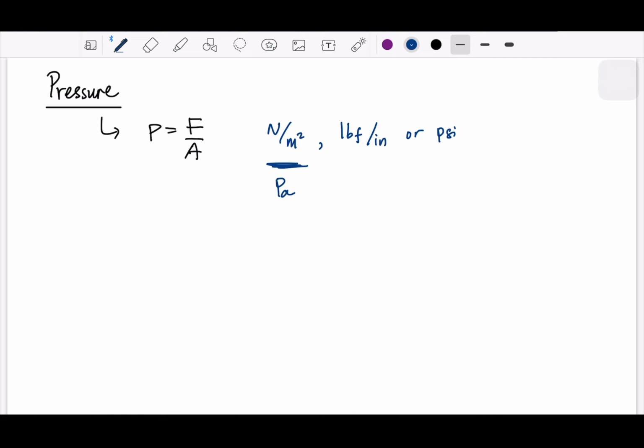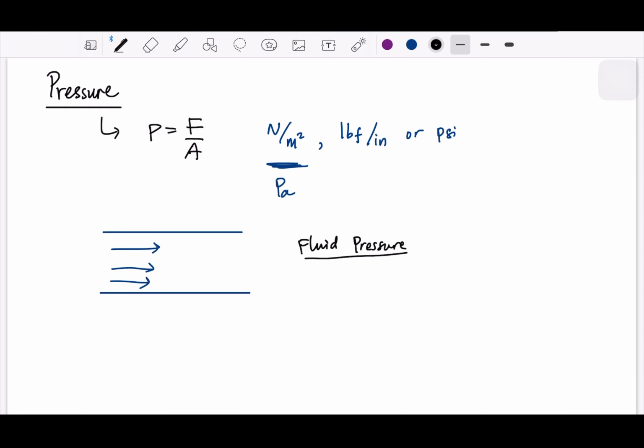So we consider the fluids in the pipeline, right? It's a stream like that, and it has some pressure. So we call this the fluid pressure, defined as the ratio of force divided by area.